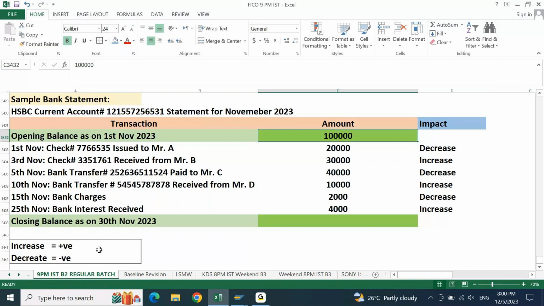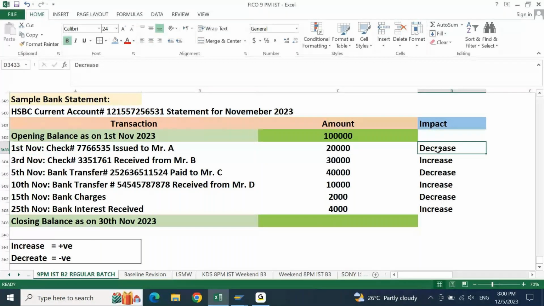Now if the amount is positive, it means you had available funds in the bank account. For 1 lakh, if you issue a payment to Mr. A, what is going to happen? This payment is going to decrease your bank account balance.